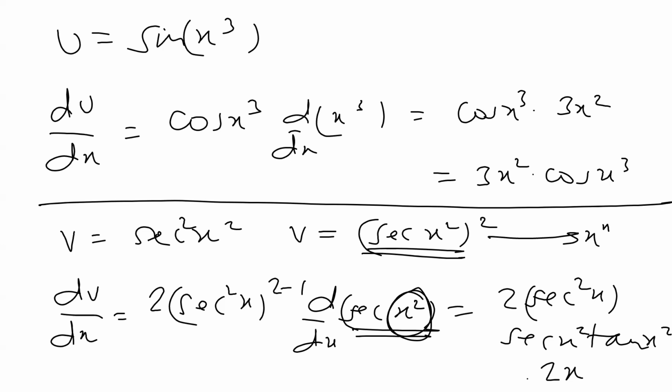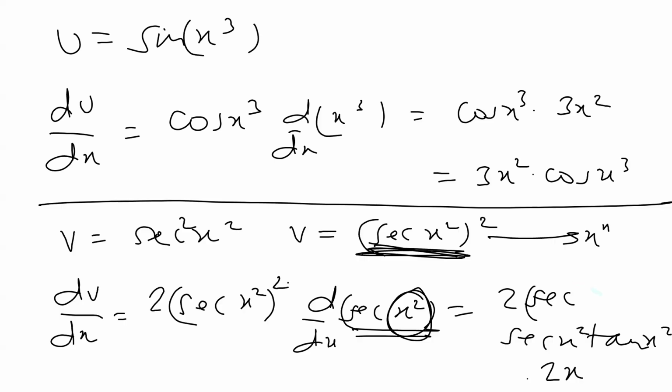One second, I just have to write x square over here. Okay, sorry, x raised to n, 2 into x raised to 2 minus 1. Okay, this is the right format. Sorry, and x is sec x square.